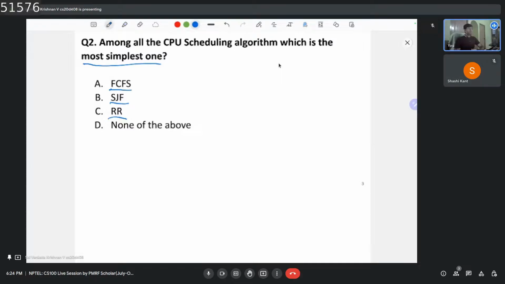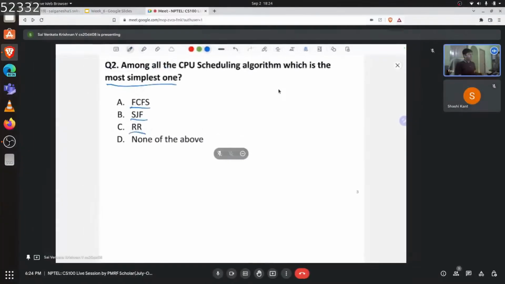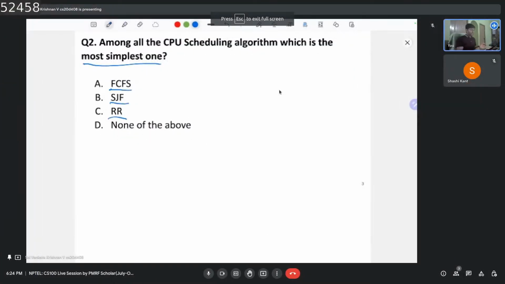Any guesses which one is the correct answer? We will go through the options one by one.